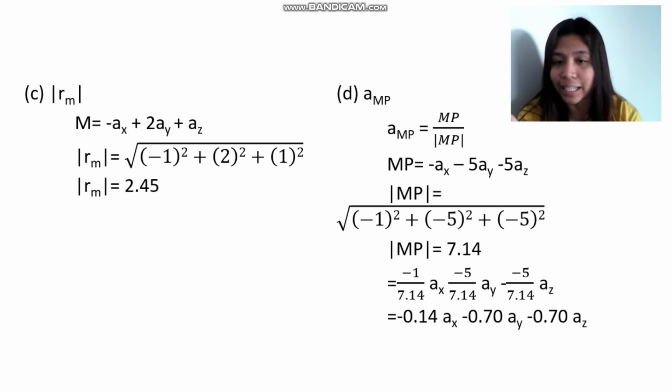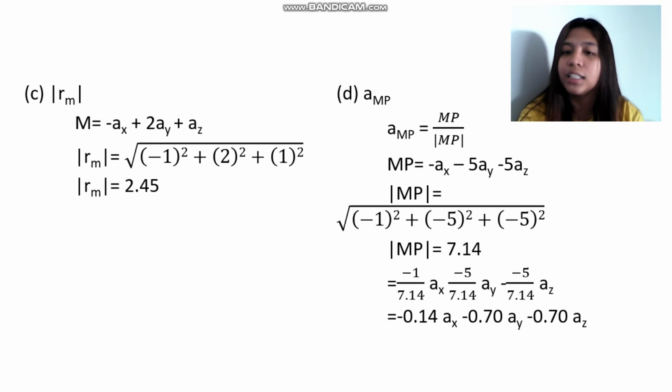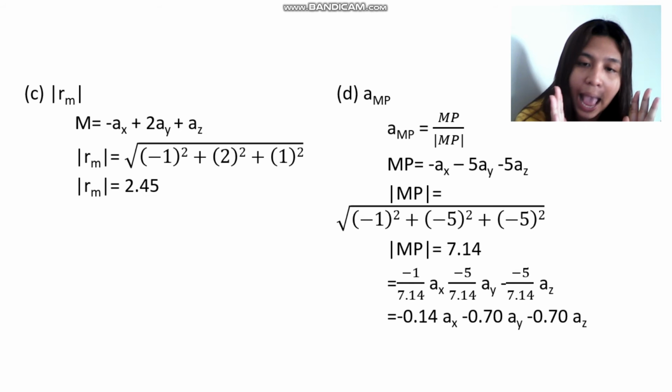Tapos, yung absolute value ng MP natin is yung square root of negative 1 squared plus negative 5 squared plus negative 5 squared ulit. So, yung MP, nakuha natin siya na 7.14.